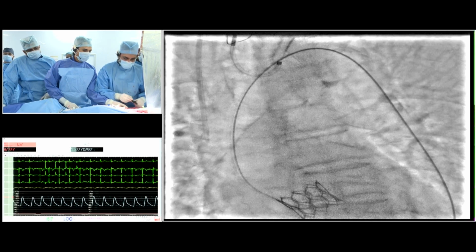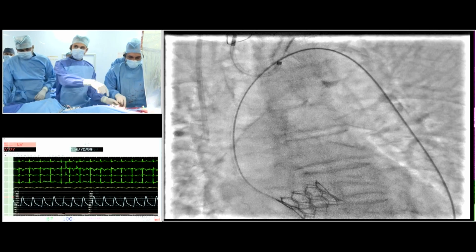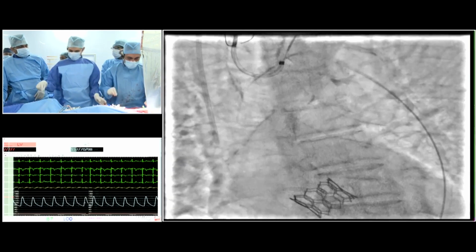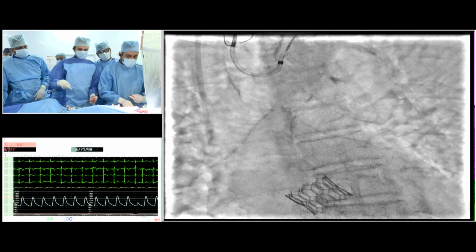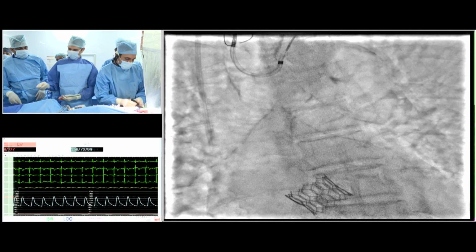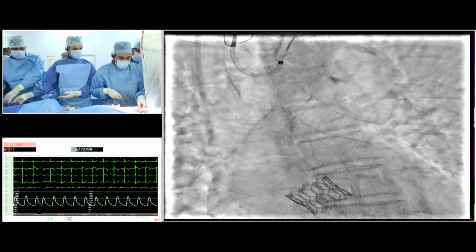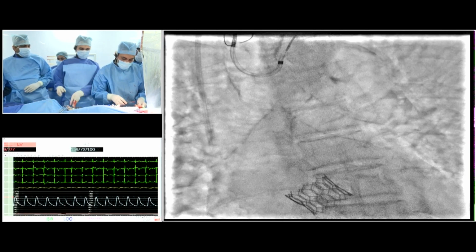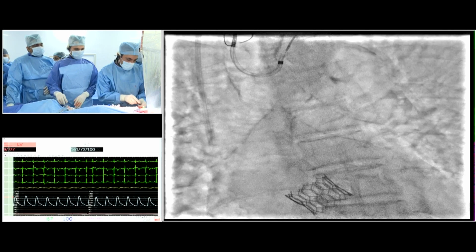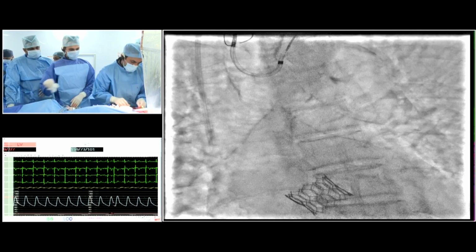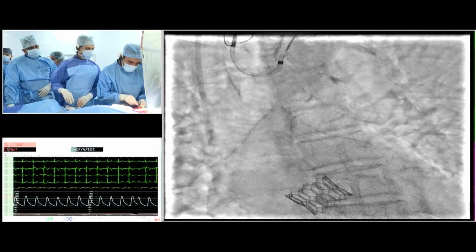I was just talking to my associates as you were, we use a lot of balloon expandable valves, and we find balloon expandable valves are simpler compared to a lot of times using the self-expanding valves. But I have to say I was very impressed by the fact that you didn't have to assemble the valve.